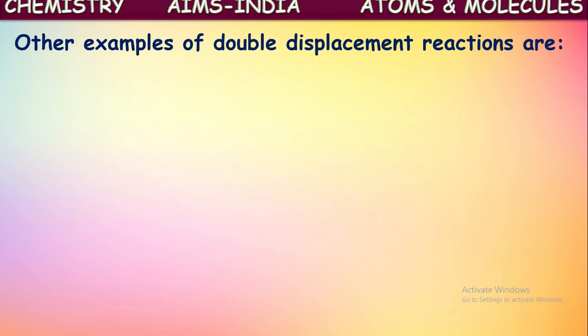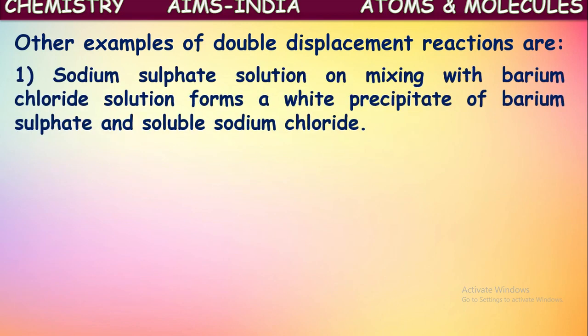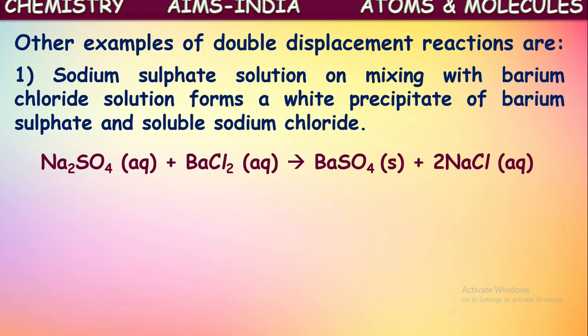Some other examples of double displacement reactions are shown here. See, sodium sulfate solution on mixing with barium chloride solution forms a white precipitate of barium sulfate, and soluble sodium chloride is also formed. These two are aqueous solutions which are soluble in water.